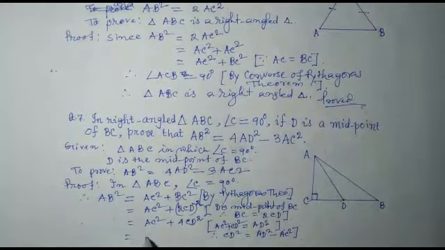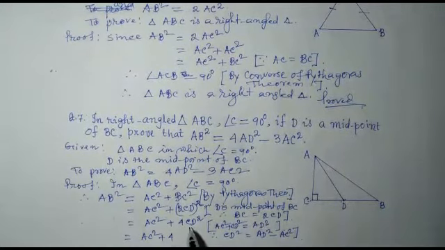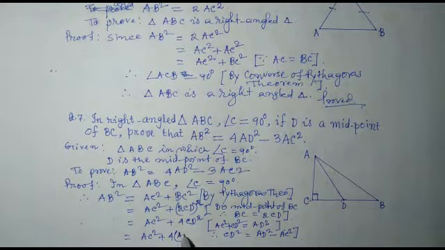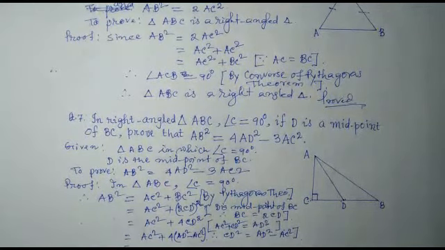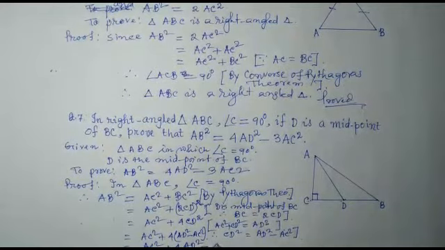So we can write here AC square plus 4 into, look, the value of CD square, in bracket AD square minus AC square. Then multiplying this by 4, it is 4 AD square minus 4 AC square.